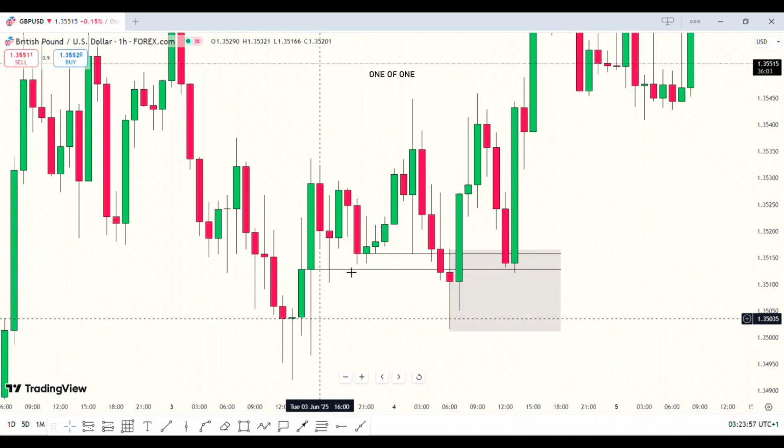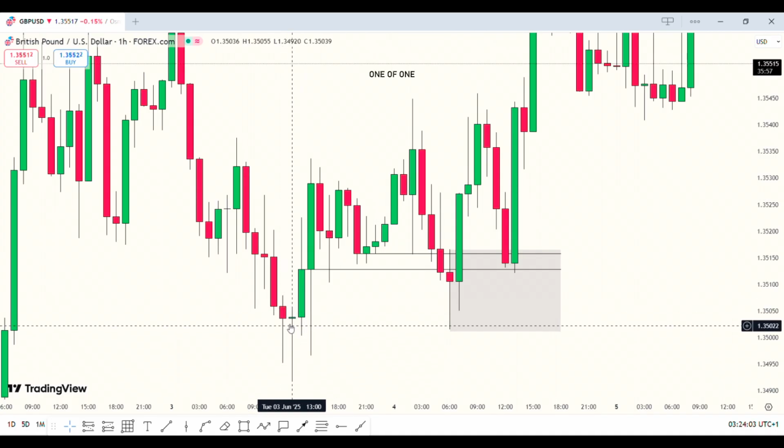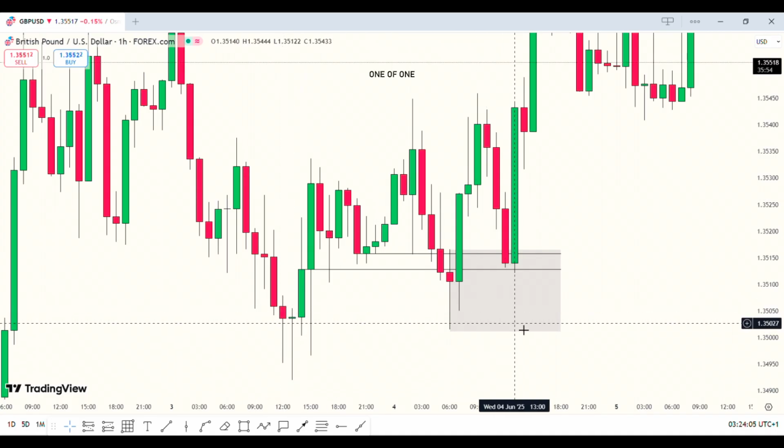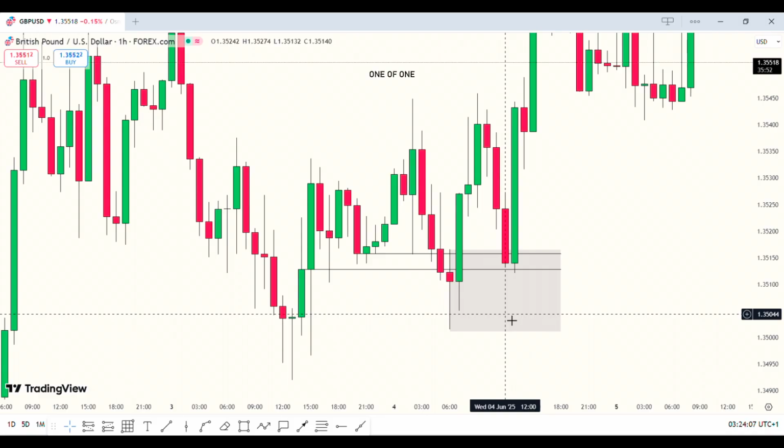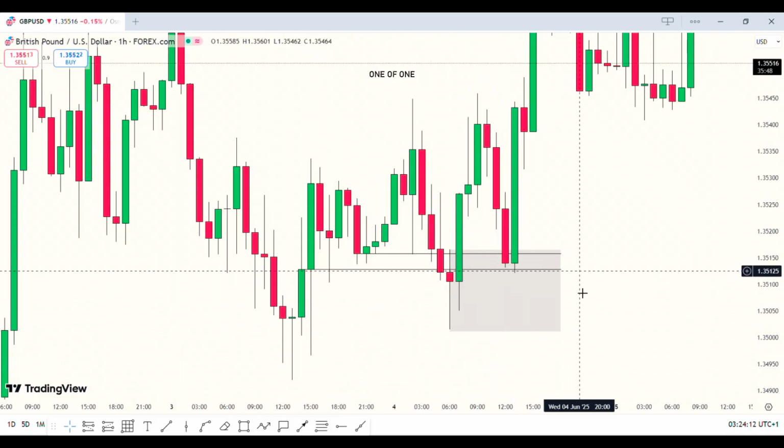Then what else can we use around here? I would not want to use this one because that's like the extreme. I don't like using single prices from the extreme, right?